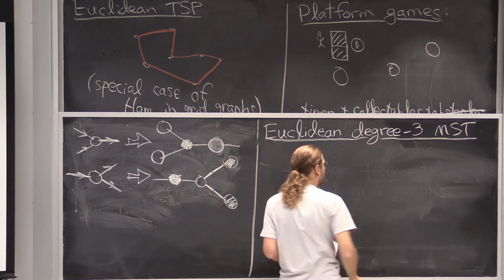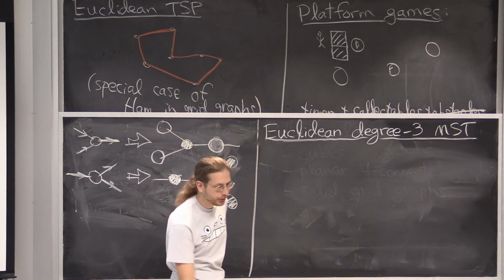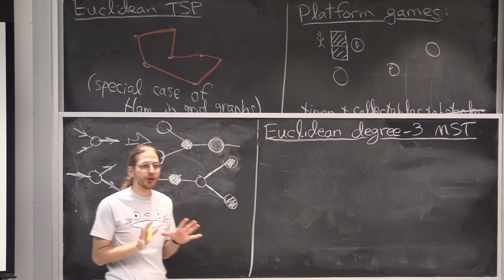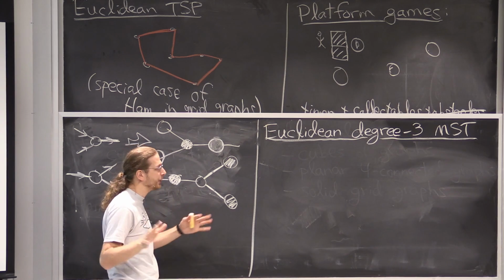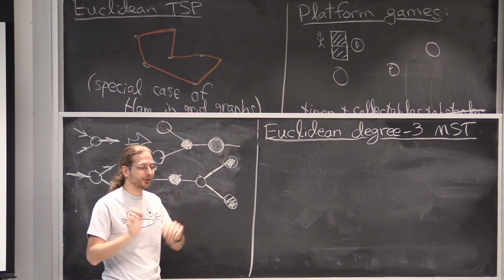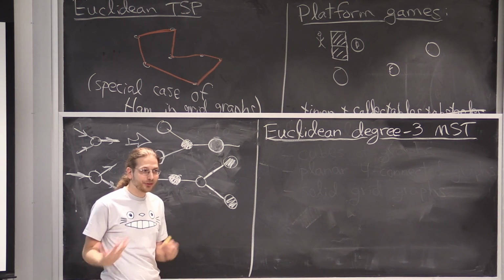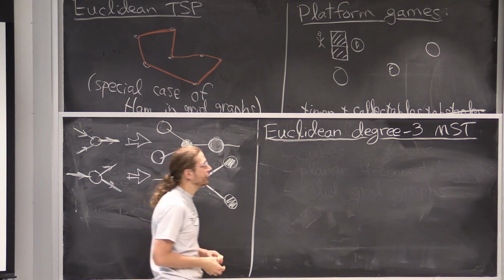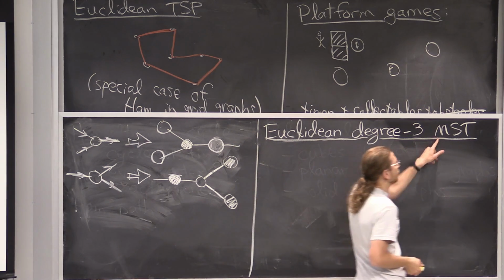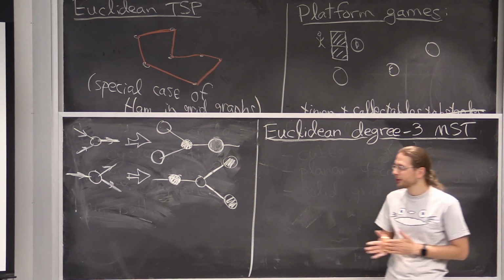This notion of degree-bounded minimum spanning tree. Minimum spanning tree normally is a polynomial problem where you're given some graph, you want to find a spanning tree that visits all the vertices, but it can be a tree instead of just a path. And it's minimum in that it has minimum total length of all the edges. So that's a polynomial problem.